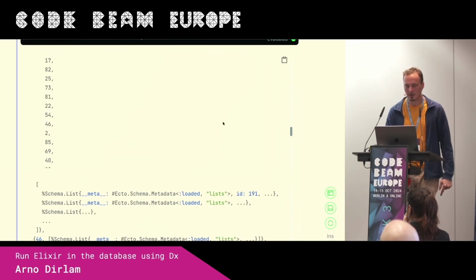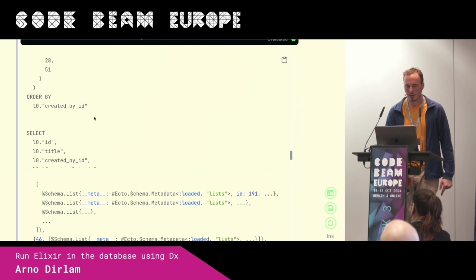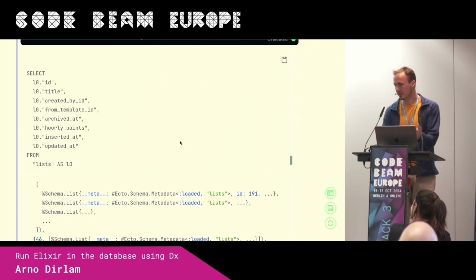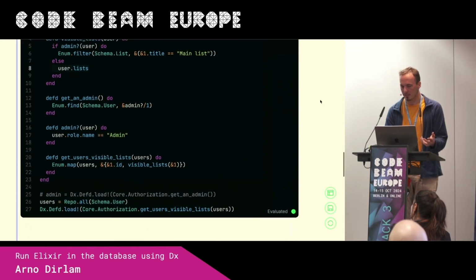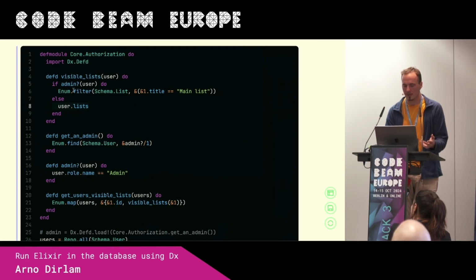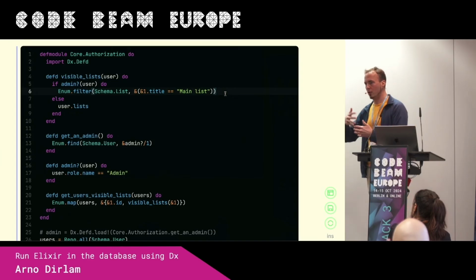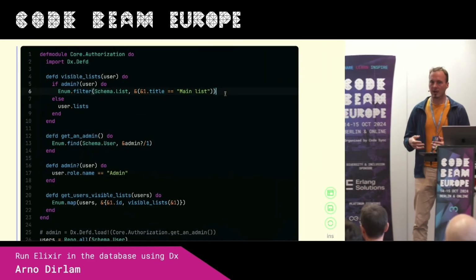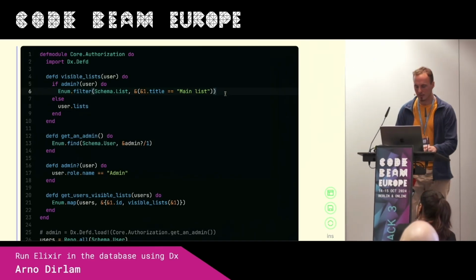And it will also load all the lists whose title is main list. It will run this query once because it's the same result for all the admins. And so as you get more complex with your code, it will still keep the amount of queries that are run efficient.